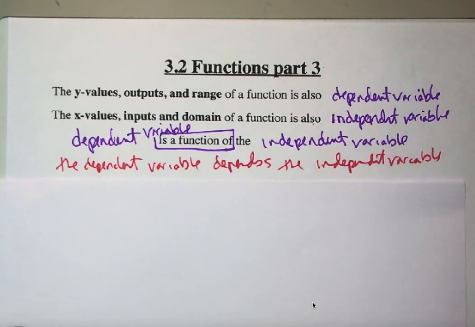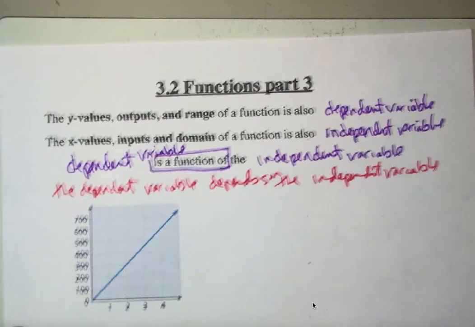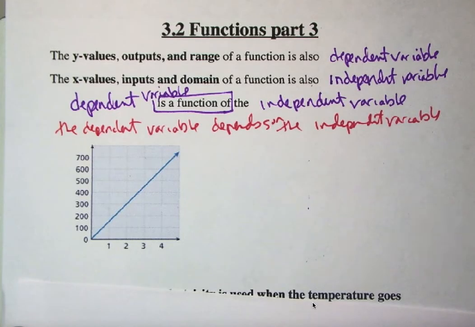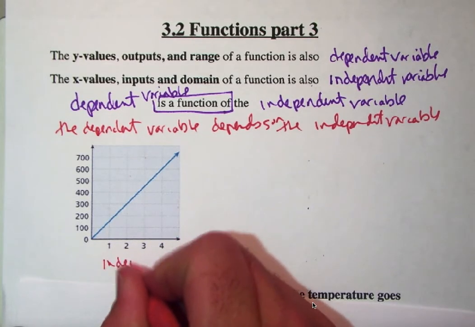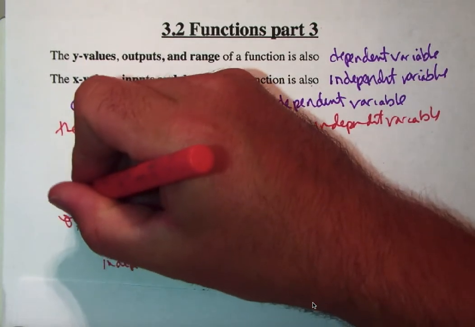Yeah, the dependent variable depends on the independent variable. That makes sense. The dependent depends. Dependent depends, right? Okay, and we're going to see this, our independent is down here, and our dependent is over here.